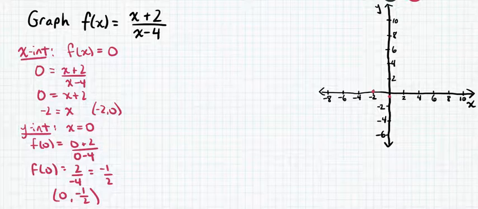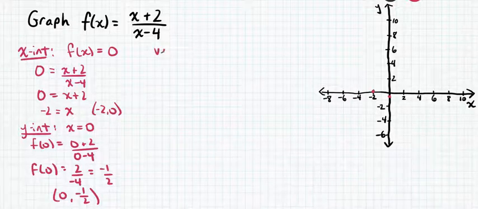Because there's a factor of x minus 4 in the denominator, that's going to impact where a vertical asymptote may show up on the graph. A vertical asymptote would show up on the graph where the function is undefined, and a rational function like this would be undefined when the denominator equals 0.